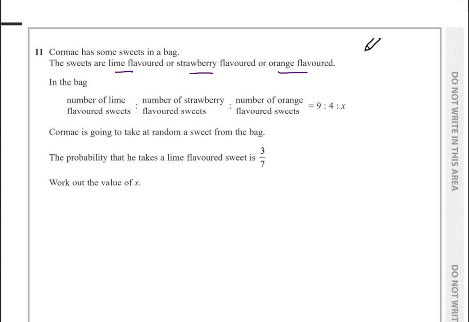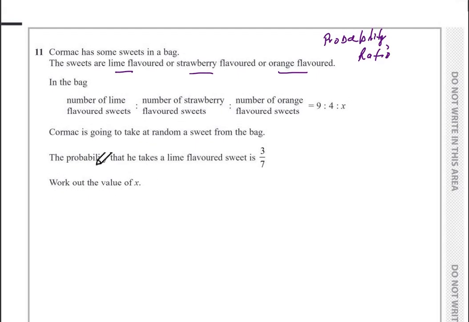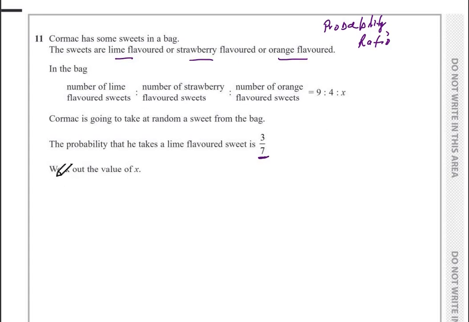Alright, so this question obviously involves probability, and we'll need some ratio knowledge as well. So we want to work out the probability that he takes a lime flavored sweet. We know that the probability that he takes a lime flavored sweet is 3/7. However, we would like to work out the value of x.